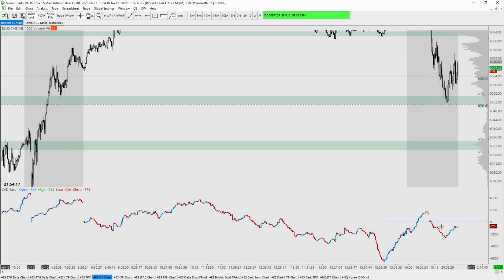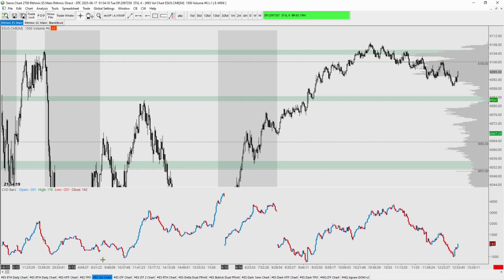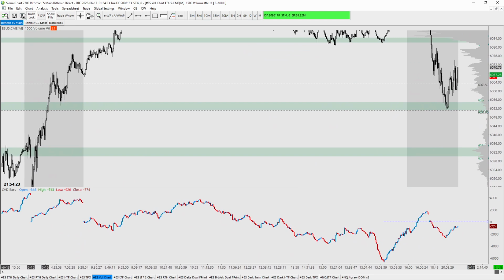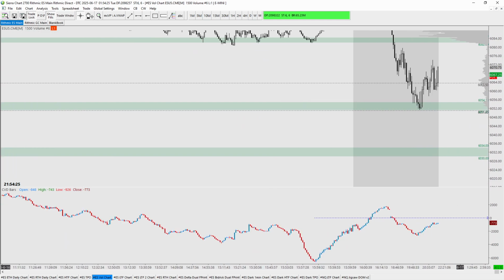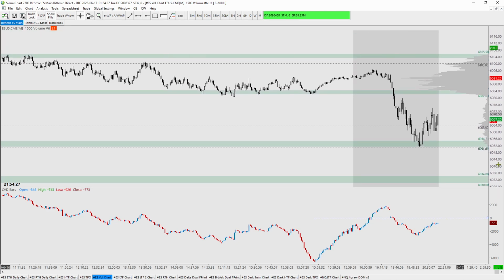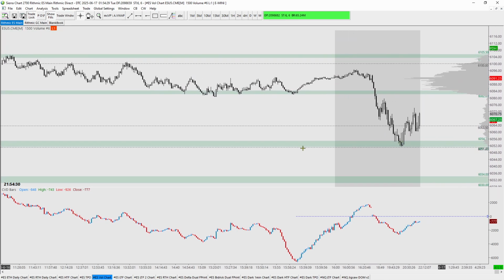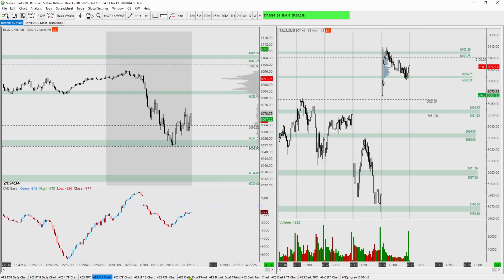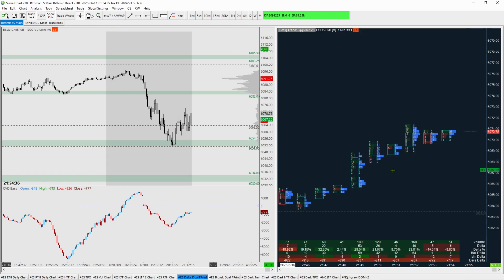So they defended there, and really my entire process, my philosophy in trading, is that I mark these levels and then I let the market go to them, and as they're trading at these levels, what I will do is watch the footprint.